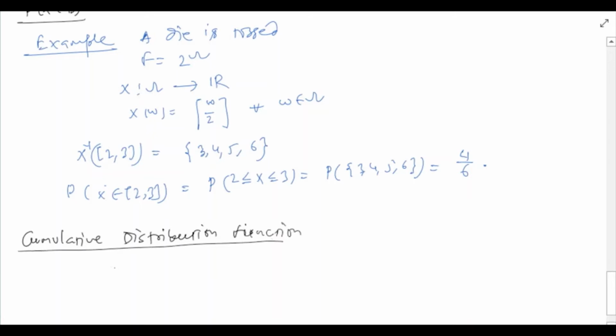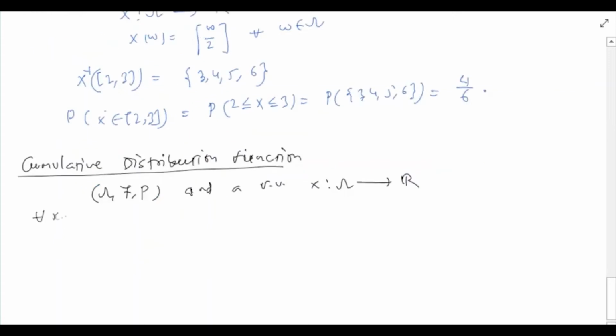Let us consider a probability space and a random variable X that is a mapping from omega to R. For all x in R, from the definition of random variable, X inverse of (minus infinity, x], that is the pre-image of (minus infinity, x], is an element of script F, and so its probability is defined. Moreover, the probability is a number between 0 and 1.